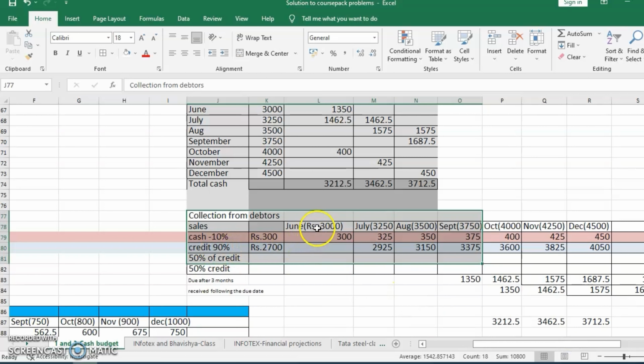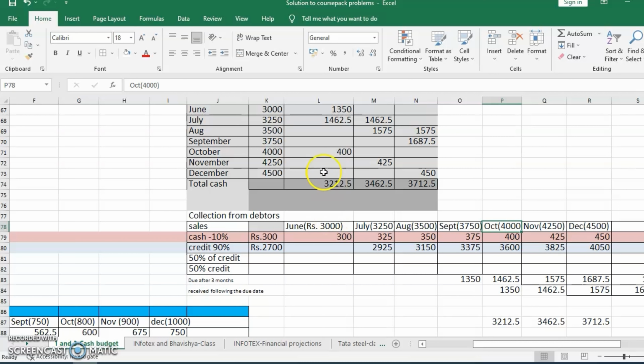Now, students, we know in the month of June, we have 3,000 rupees, which is the sales. But yes, we are going to prepare the budget from October only. But let's understand that there is a 3 months credit period allowed to the debtors. So what you have sold in the month of June shall be received by you in the month of September. And July's you shall receive in the month of November, and so on.